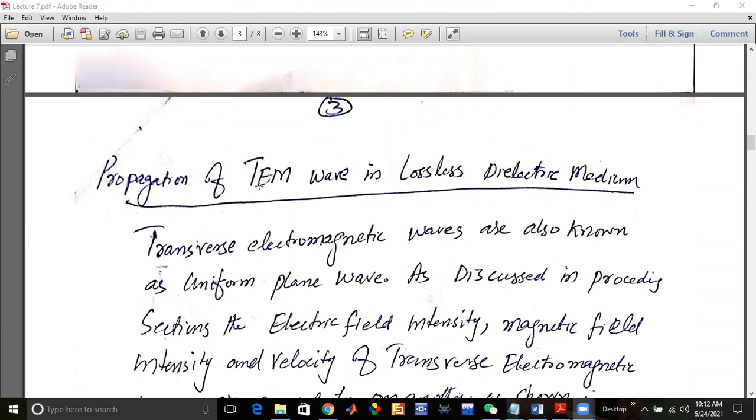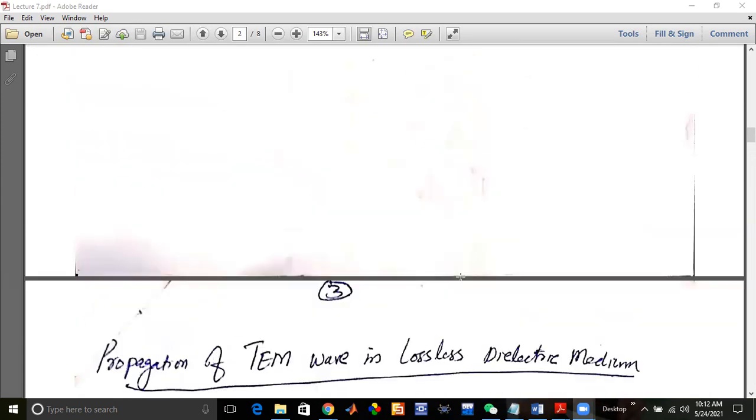As light is a transverse electromagnetic wave, we will define what the behavior of light will be when it travels in a lossless medium. In the coming lecture we will study the propagation of these waves in a lossy medium. And here we will study what is meant by lossless and what is meant by lossy, and whether it practically exists or not.